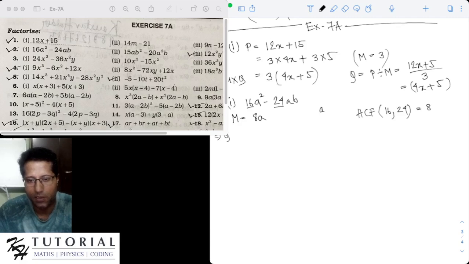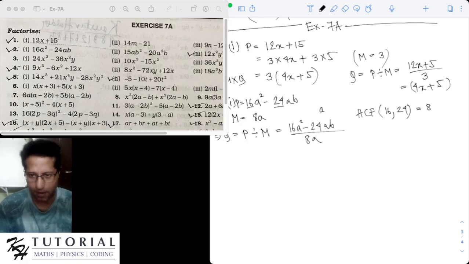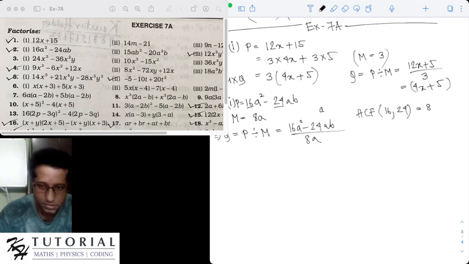Now we have to find Q, which is equal to polynomial P divided by the common factor M, which is 16a square minus 24ab divided by 8a. Now I am doing this step by step just to illustrate the concepts.